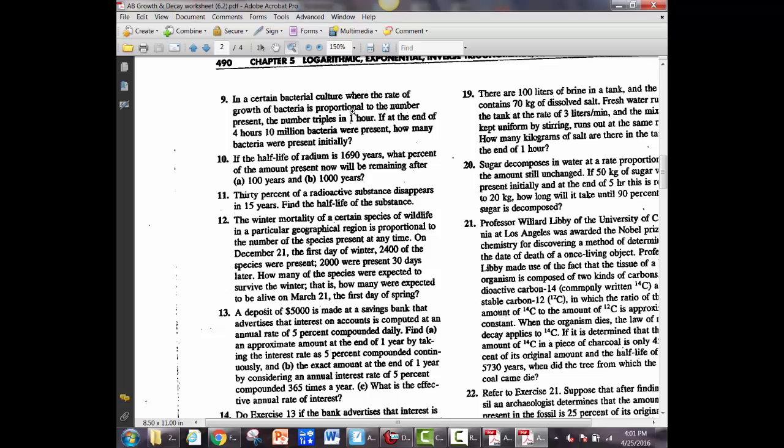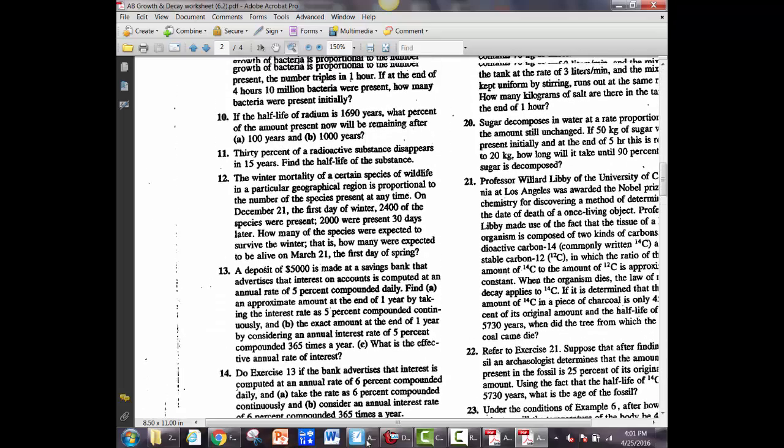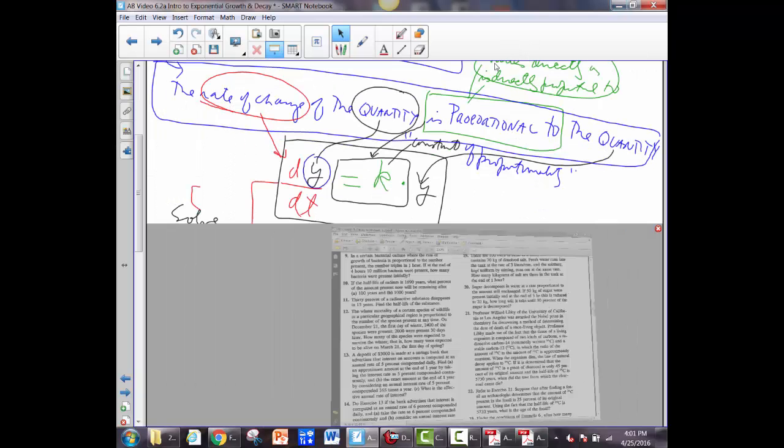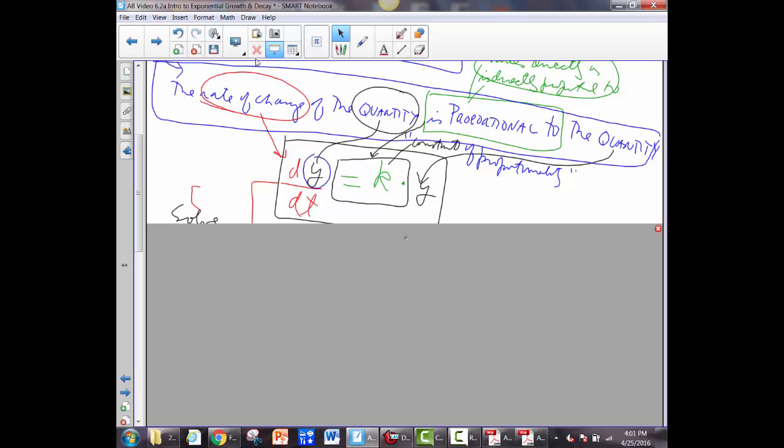The growth of bacteria is proportional to the number present, which is the number of bacteria. What else have we got? Sugar decomposes in water at a rate proportional to the amount still unchanged, which is proportional to the sugar that's there. So they will tell you that what you have is a situation where you have a rate of change of a quantity and it is proportional to the quantity.